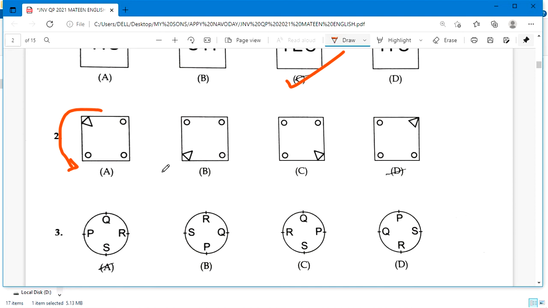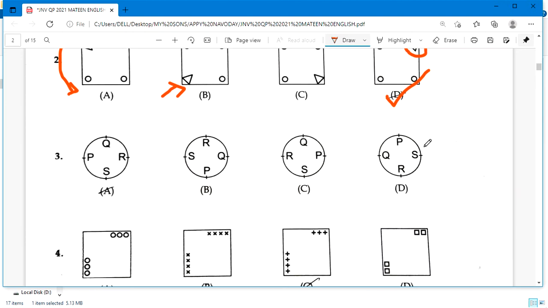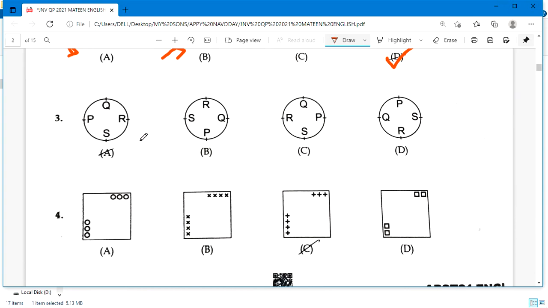Just look at this, coming to this side and then this side. In all the figures the triangle position is the same, but in this figure the position of the triangle is reversed. So that's why option D is the different figure. And now look at the third question.